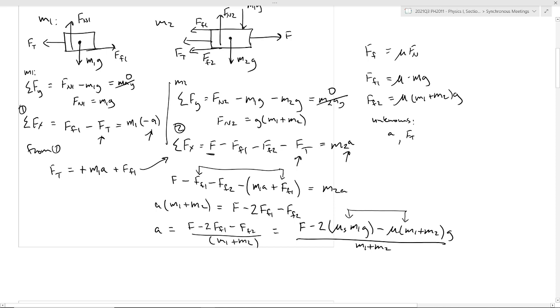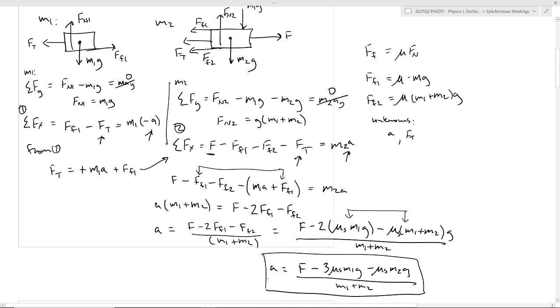So we can combine these together. We can simplify this a little bit further: F minus 3 mu s m1g minus mu s times m2g. You could imagine organizing this differently, solving this differently, but this is a fairly concise expression for the acceleration.